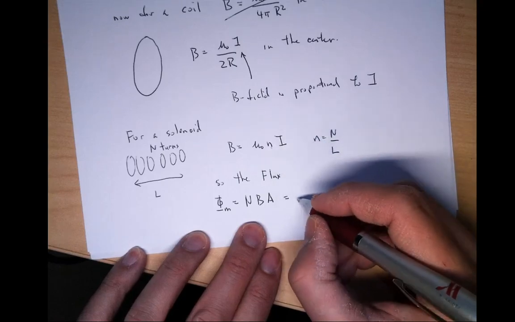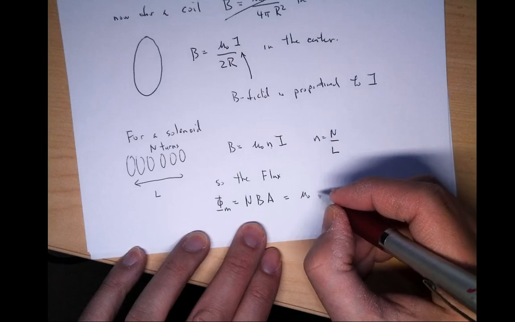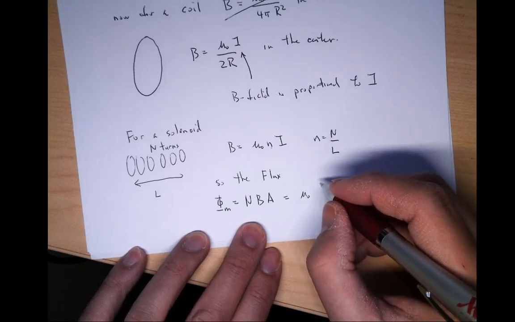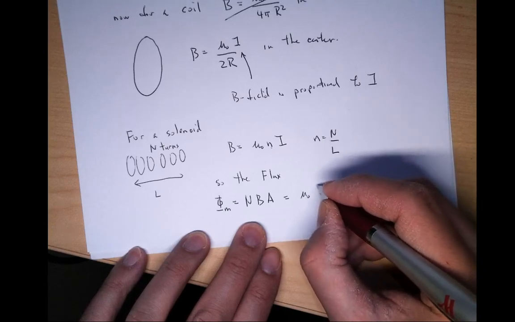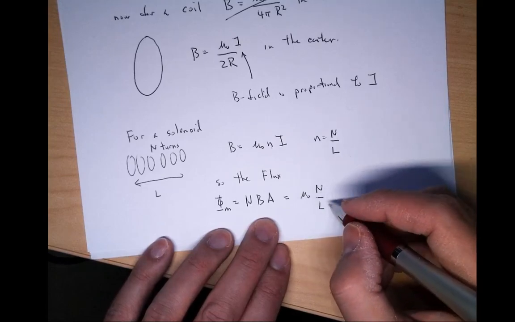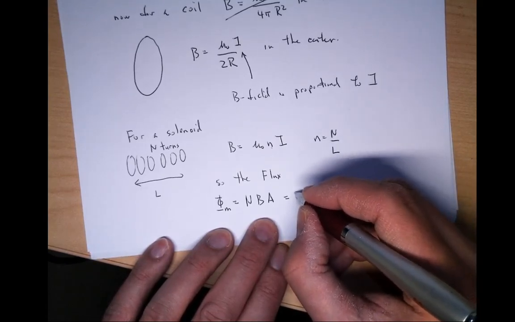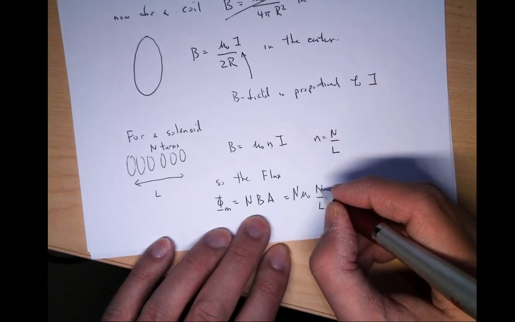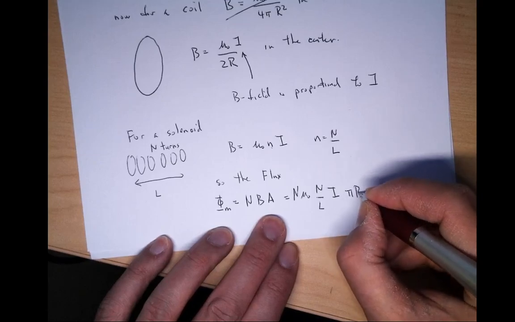If you plug this in, that's going to be mu 0 N over L times I times, I need another N here, times A, pi R squared.